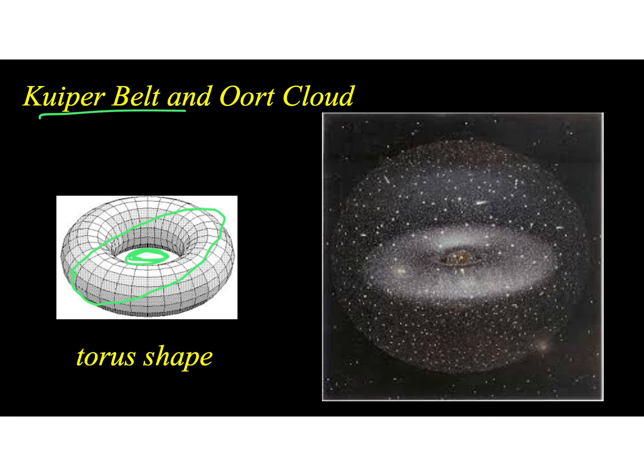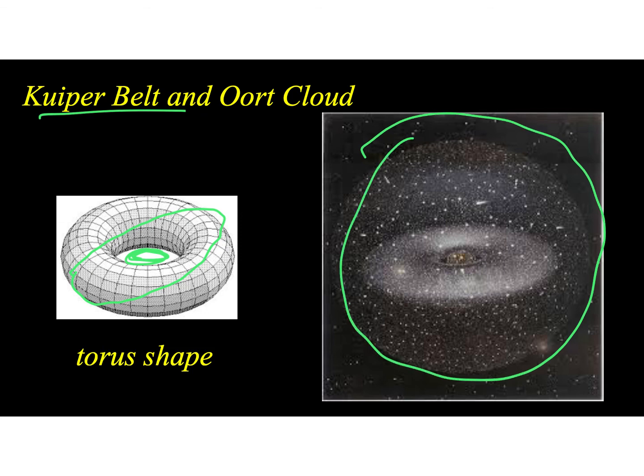Inclination means that the orbit is tilted out of the plane of the major planets and the Sun. Even farther out is a giant sphere of material surrounding the outer solar system called the Oort cloud. This area is where many long-period comets originate. We'll talk more about these areas later on in this unit.